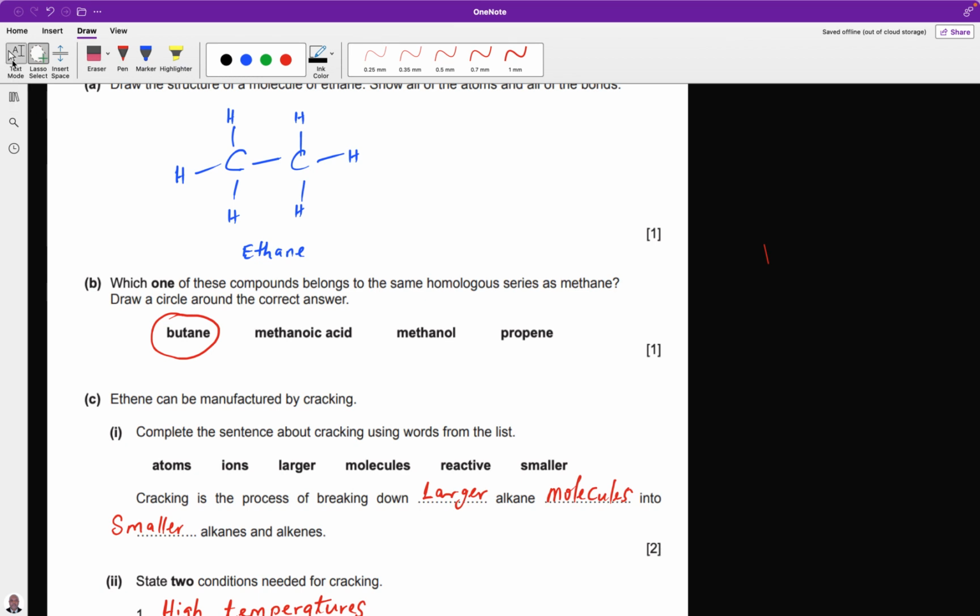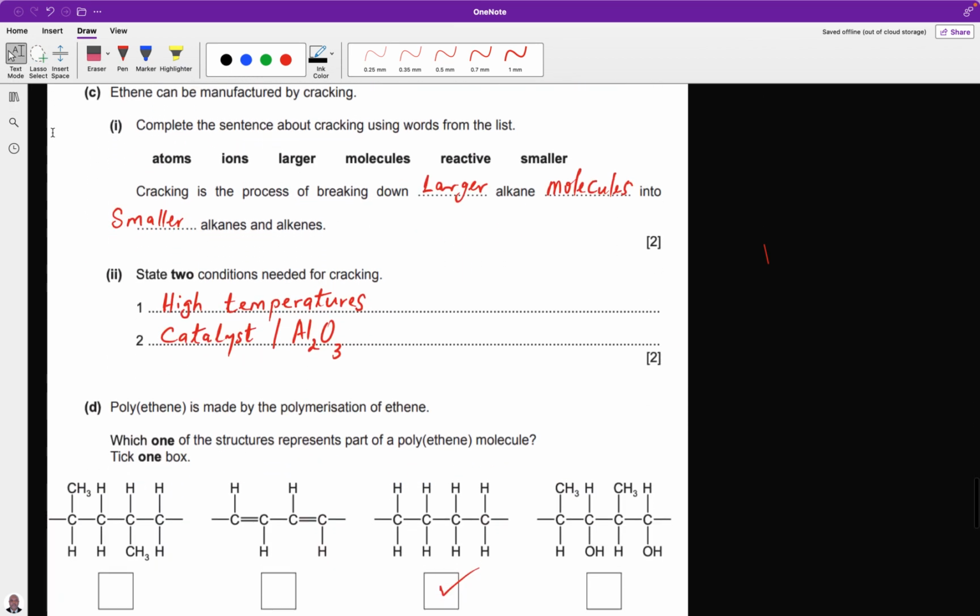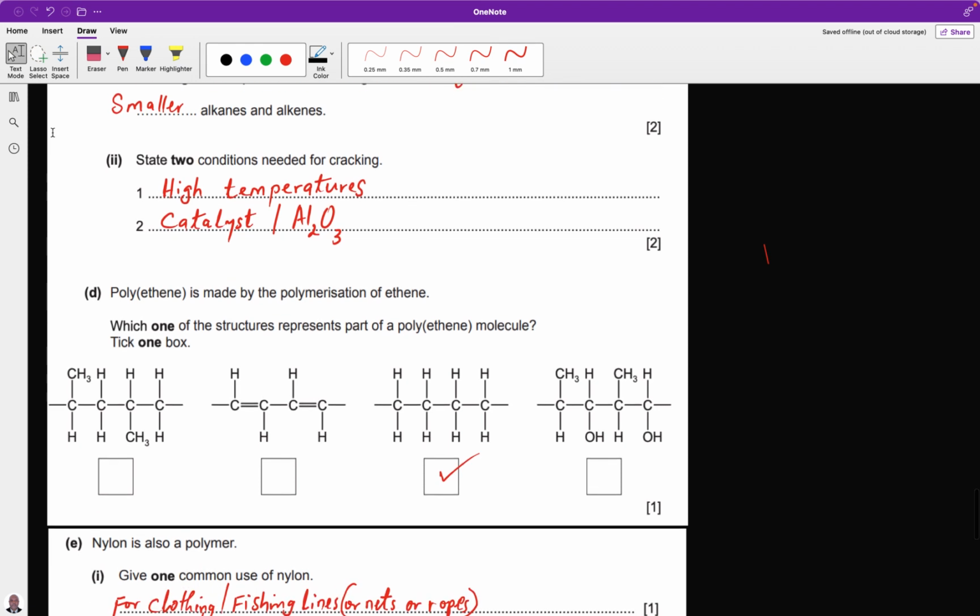What is happening? In this case, this is an ethene molecule.